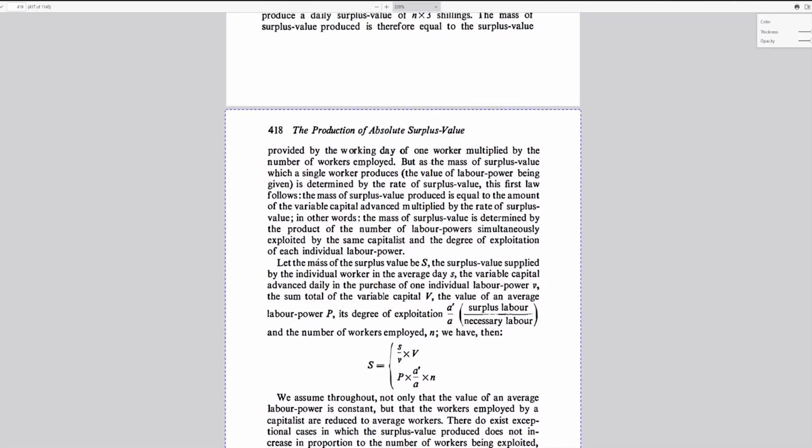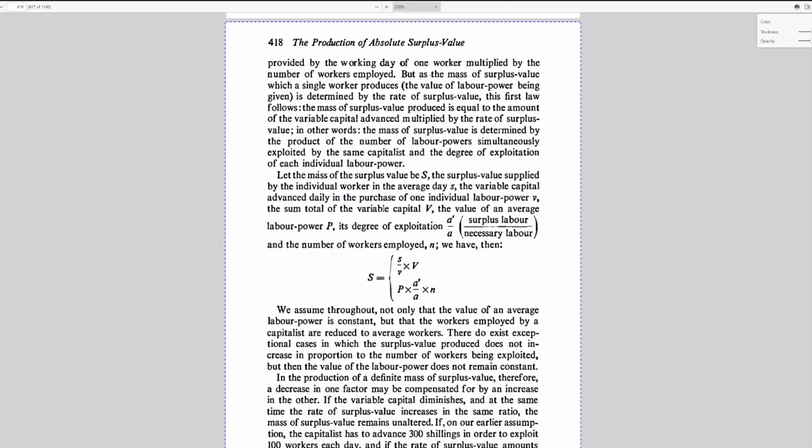Marx in this chapter, chapter 11, lays down three laws related to this, and they can mostly be expressed in formulas, or they're consequences of these formulas.